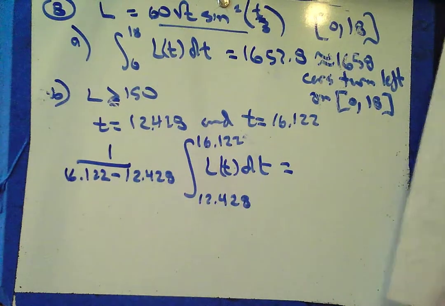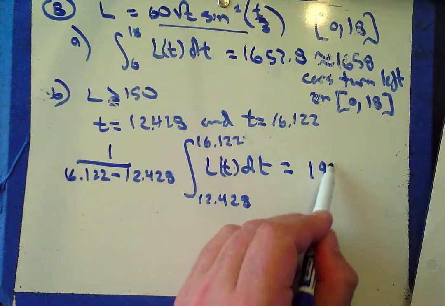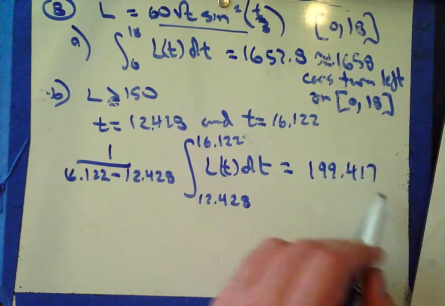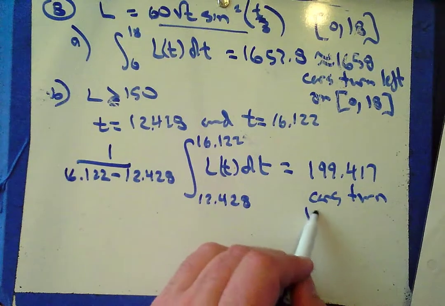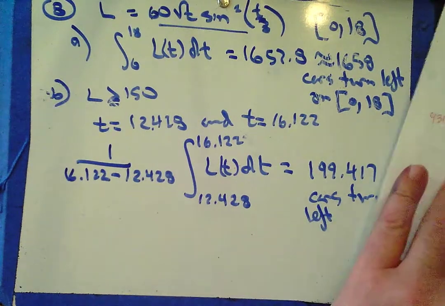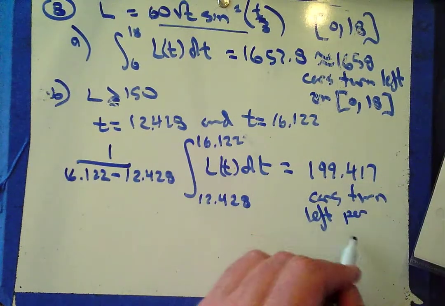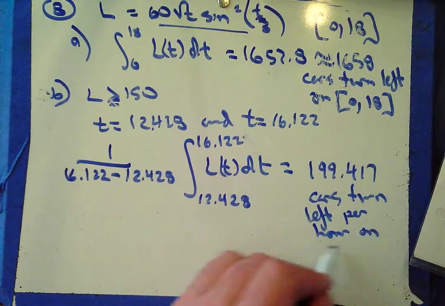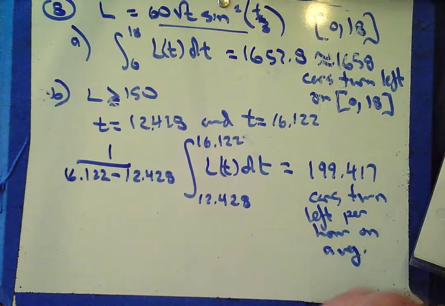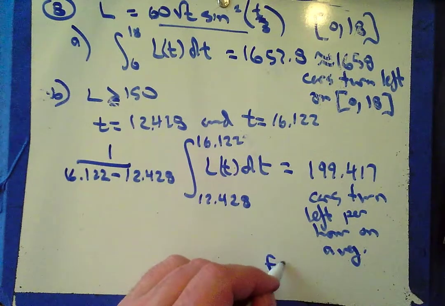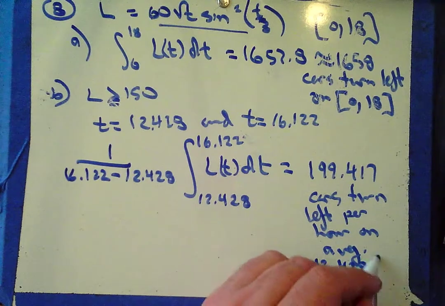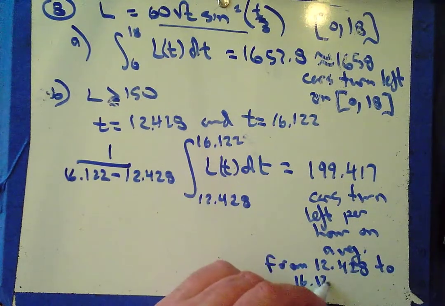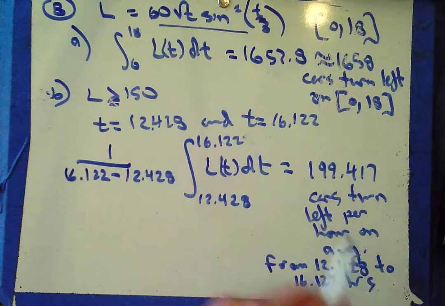And when I computed that on my calculator, I got 199.417 cars turn left per hour on average from 12.428 to 16.122 hours. And that's certainly above the 150.